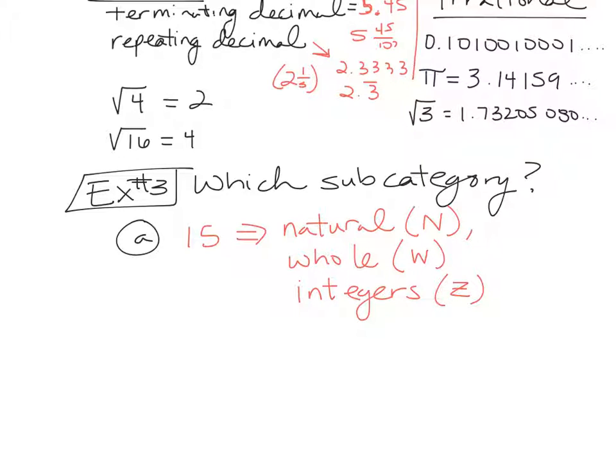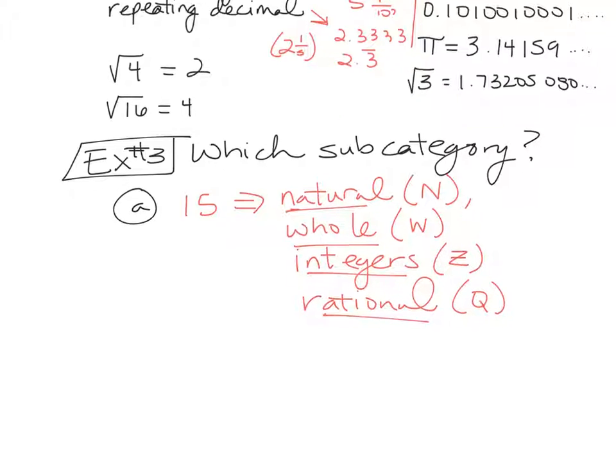And then technically it falls under the category of rational numbers because we can write it as a fraction, and again, this is a weird one. That one is Q. So if you wanted to write NWZQ instead of natural, whole, integer, rational, technically you could. If you're more comfortable just writing the word out, write the word out. I like the word better personally, but that's up to you.